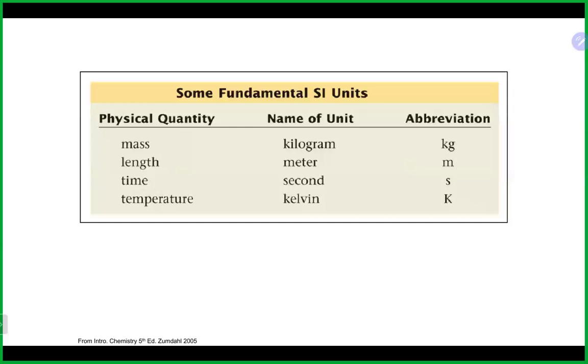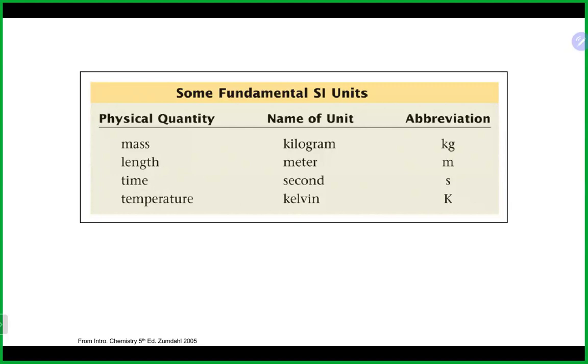And if we look at some SI units for different types of measurements: for mass, the SI unit is the kilogram, abbreviated kg. For length, it is meters with the m. For time, it is seconds.